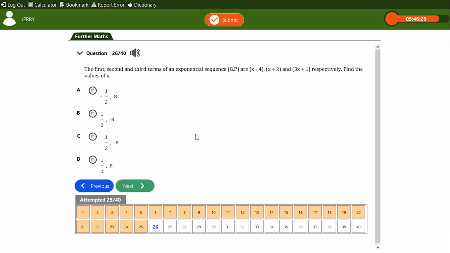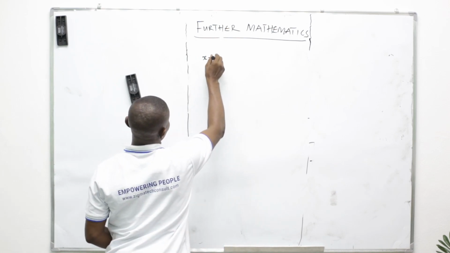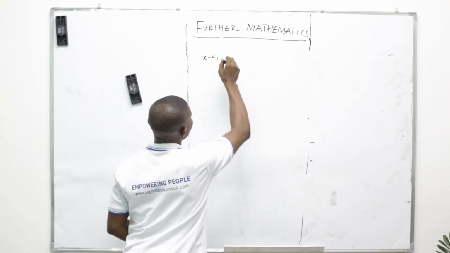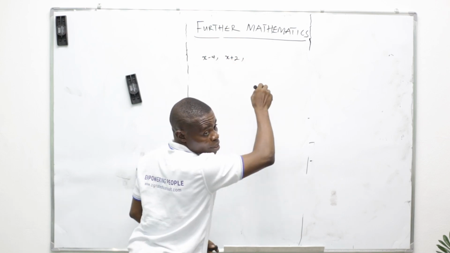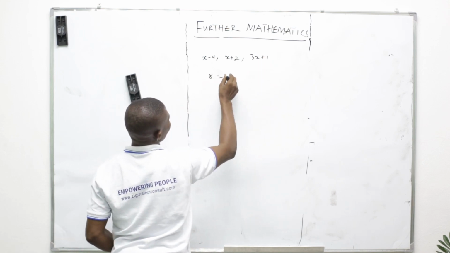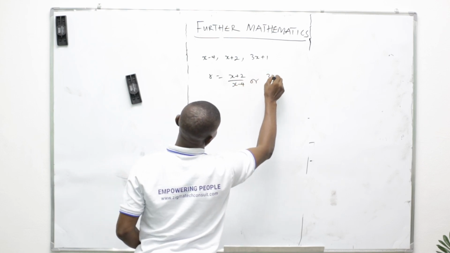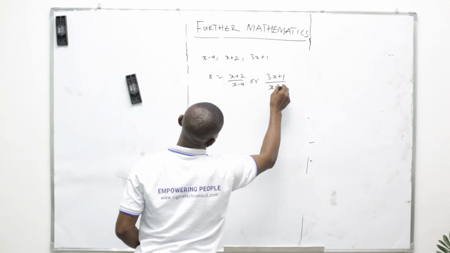The first and second term of an exponential sequence are x minus 4, x plus 2, 3x plus 1. Find the values of x. It's an interesting one anyway. Okay. x minus 4, x plus 2, 3x plus 1. Common ratio r is x plus 2 all over x minus 4 or 3x plus 1 all over x plus 2.